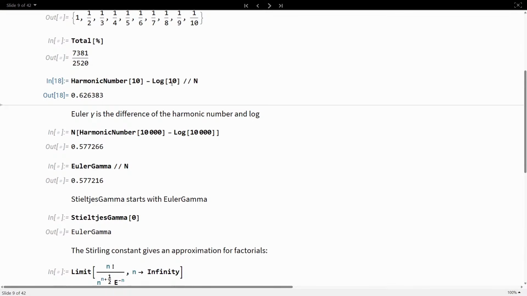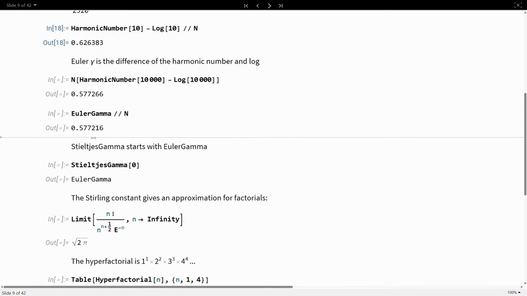And if we increase the number, it keeps going down more and more. If we look at the 10,000th harmonic number minus log 10,000, we get 0.577. And somehow Euler noticed that this goes to a constant value, which is known as Euler gamma.